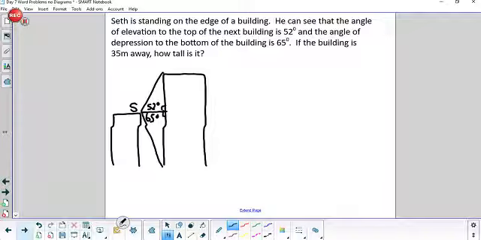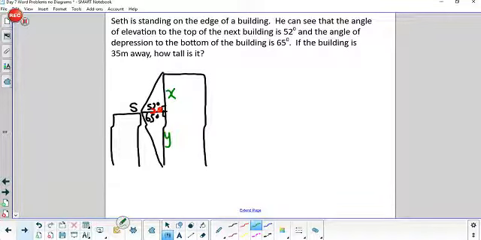He says the building is 35 meters away, so this common side is 35. We want to know how tall the building is. So again, it's in two pieces, a piece X and a piece Y. So we need to find each of those values and add them together.